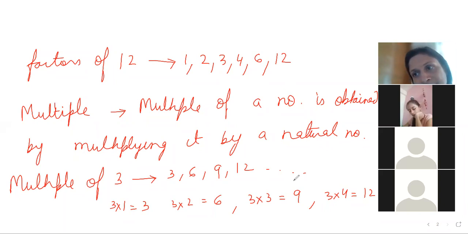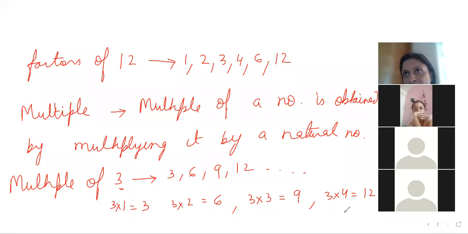So what do you say? Have you understood factors and multiples? And have you also written the definition? And can you explain multiple one more time? Yeah, Hirday. So see how we need to find the multiple of 3. I have to multiply that number with natural numbers. So let's say I have multiplied it by 1, then 2, then 3, then 4.